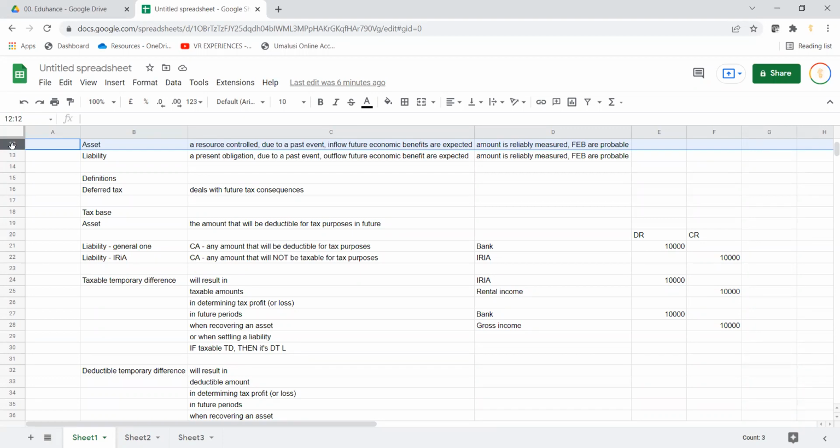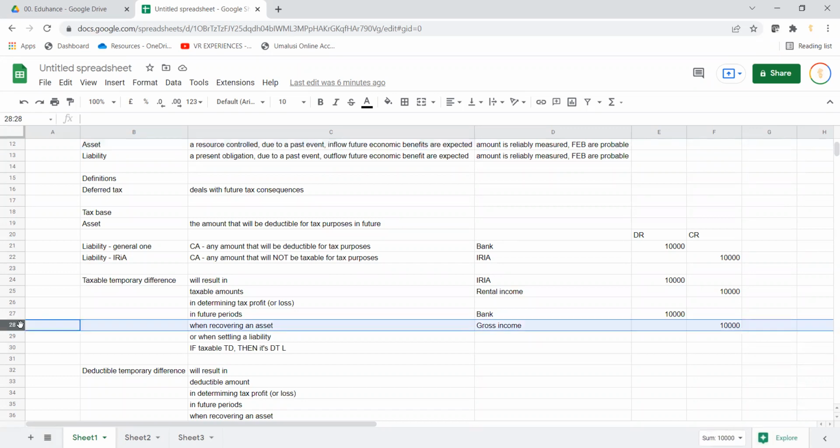Where does depreciation go to? Depreciation goes to the income statement as a depreciation expense, and the asset is reduced through accumulated depreciation. So as you can see, every asset will eventually hit the income statement after certain events take place. So that is what is meant by recovering the asset.